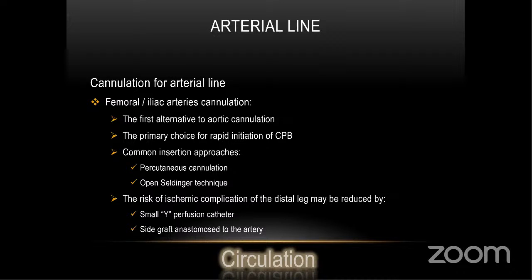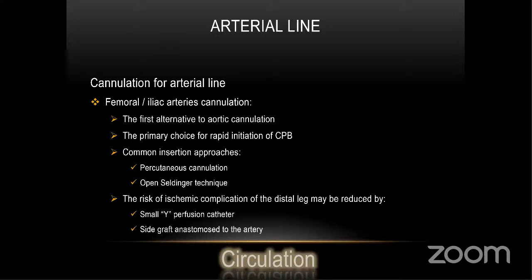Common insertion approaches are either percutaneous cannulation or the open Seldinger technique, which uses wire-reinforced insertion of a cannula through a purse string in the femoral or iliac vessels by direct cut down.